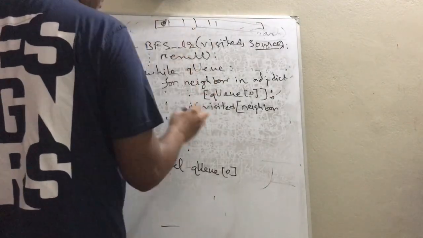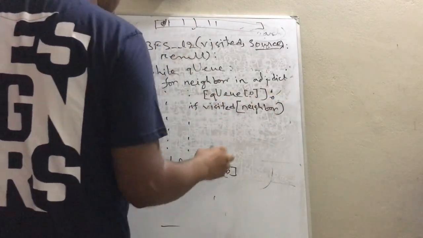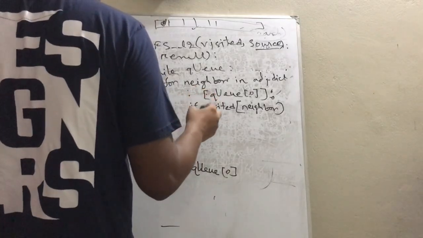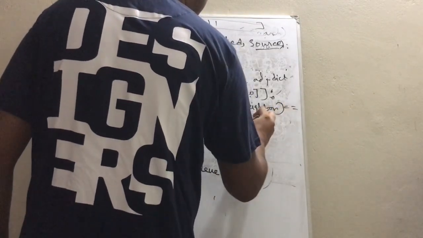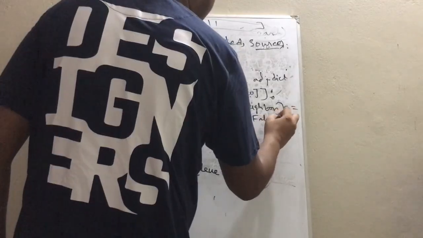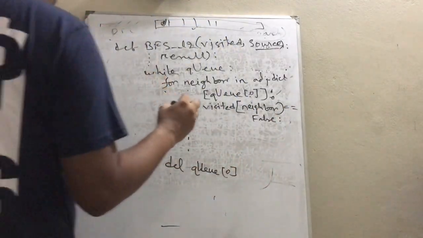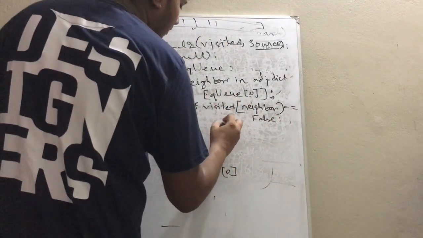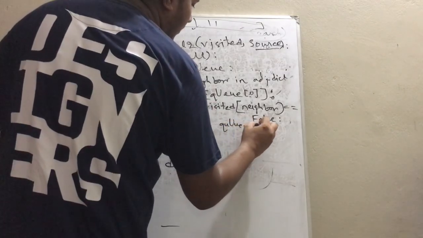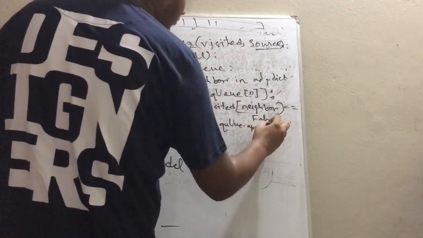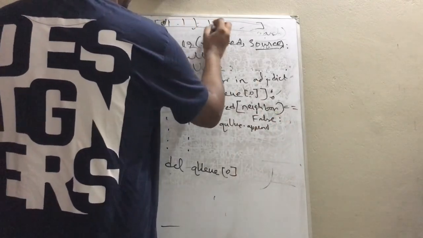If the neighbor is already visited, then we ignore it, but if not visited, that means it is false, we keep the neighbor.